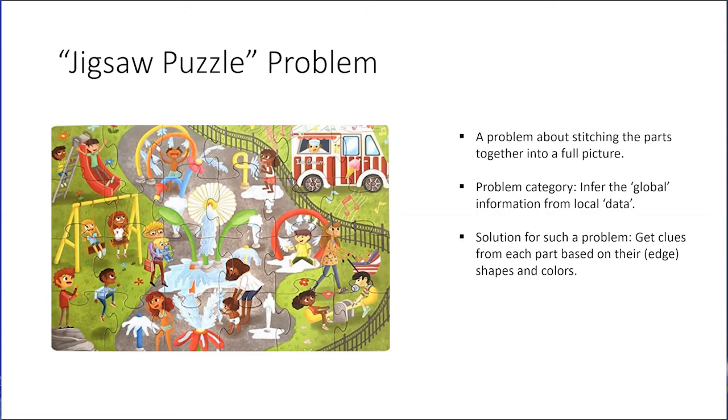And the solution for such a problem will be, for example, get clues from each part based on the edge shapes and the colors. So both shapes and the colors can be used to conclude the global information.